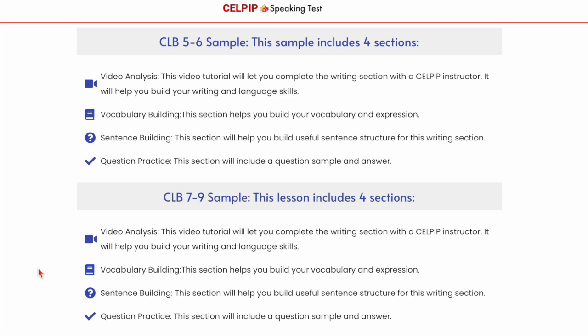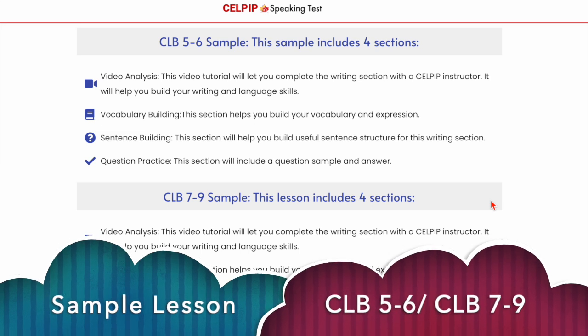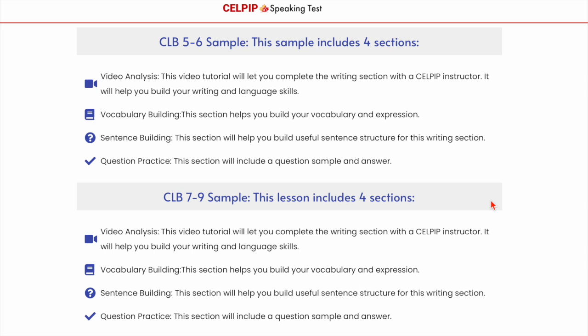So now everyone, you will notice that here on the front page, we have two options, CLB 5, 6 or CLB 7, 9. Okay, so based on the level that you need, you can choose which one of those you would like, which level is better for you.